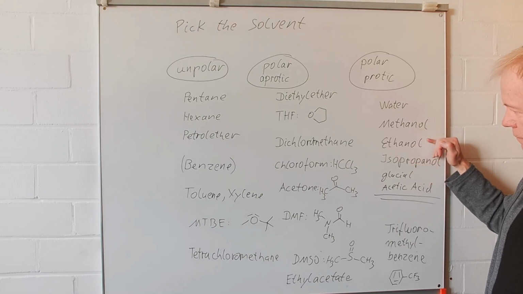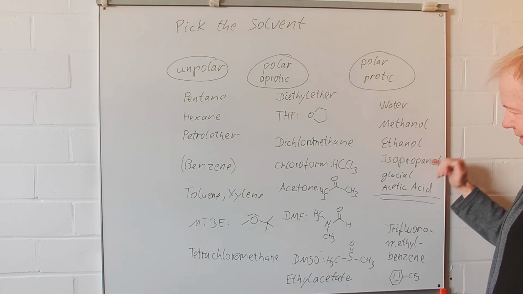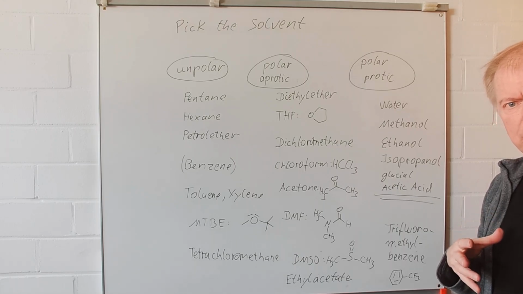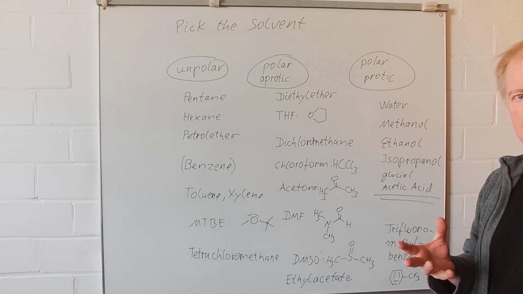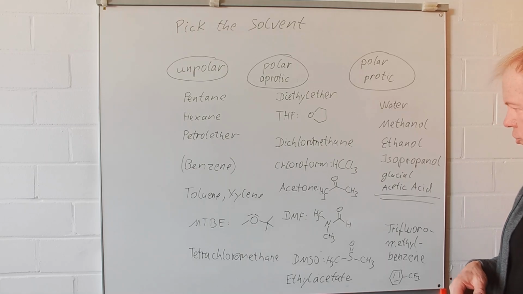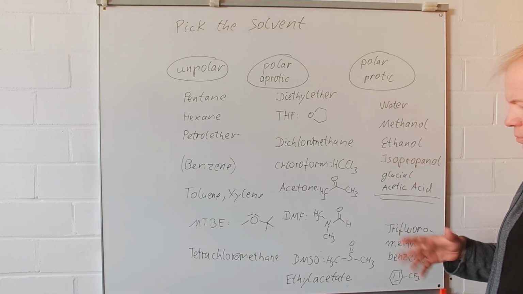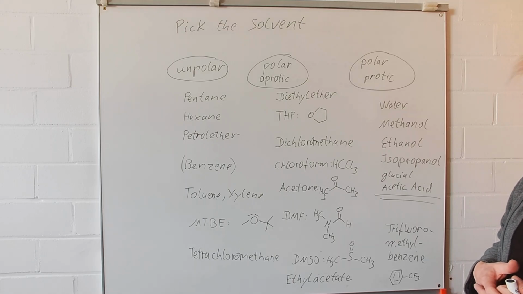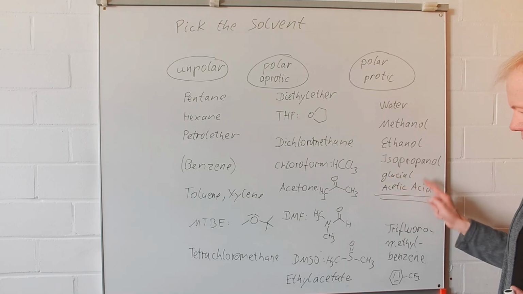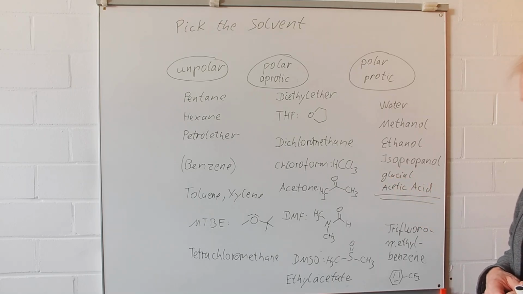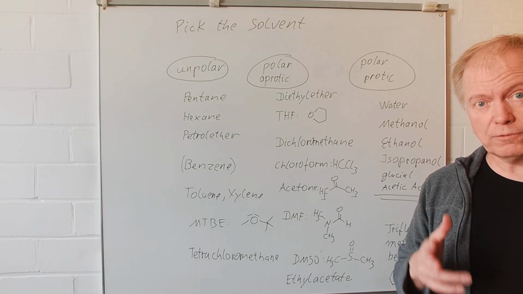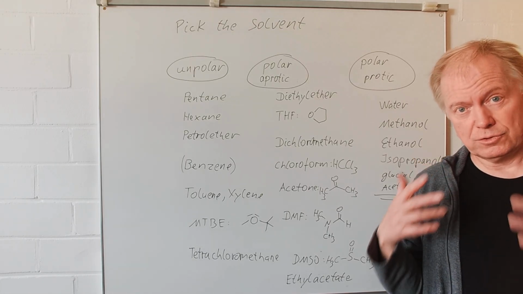Lower polarity than ethanol, and I can say isopropanol is in my group the solvent of choice for trying a recrystallization. Somehow it turns out to be some kind of miracle solvent for crystallizations. And then, well, glacial acetic acid can be a nice solvent for, of course, acid-driven reactions.